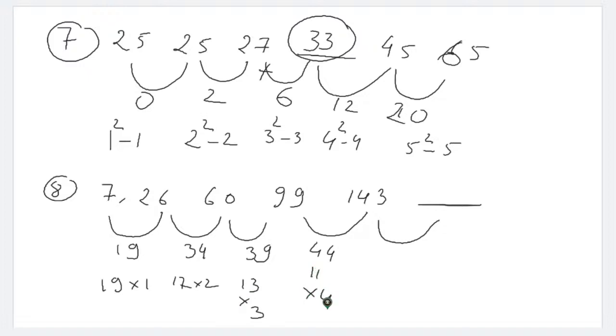Now I am able to identify the pattern. 19 to 17, 17 to 13, 13 to 11, 11 to 7, because all these numbers are prime numbers. See, 15 is not included, that means the numbers are prime. If there was 15, then we could have taken 9. So 7 into 5, that is 35. And if you add 143 plus 35, you get 178 as the answer.